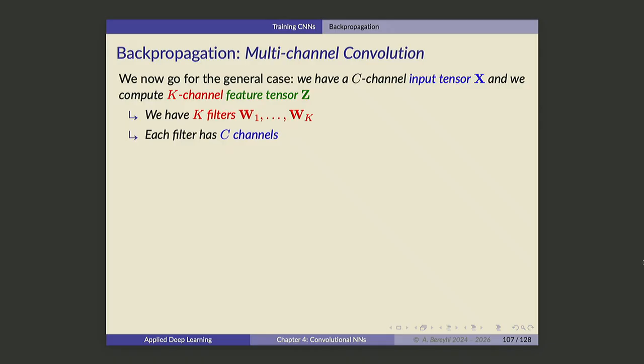Now, if I do that, how many channels do I have? K different channels. And how many of these groups can I make? C different groups. I go for the first channel here, one group. Second channel here, second group. And so on till the last group.